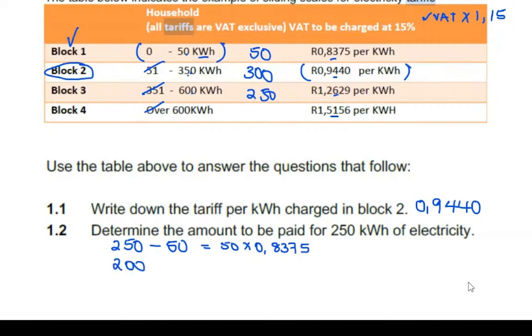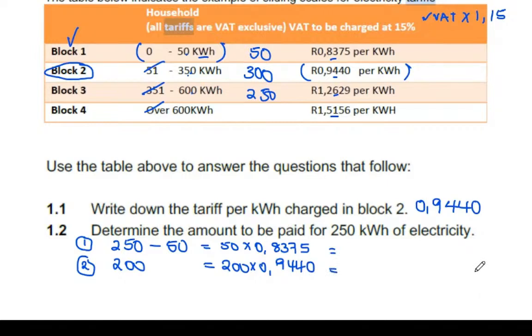On this side, these are units, and this is the cost to be paid. Block 1 needs 50 units. Block number 2 has a maximum of 300, but whatever we remain with is less than 300, so we shall pay for those units. Each is 0,9440.